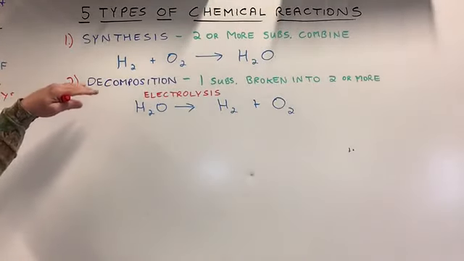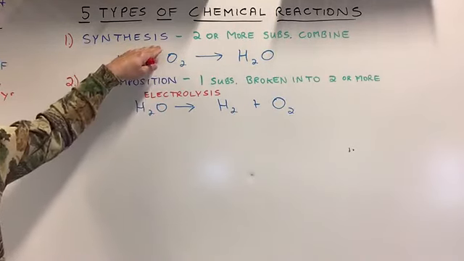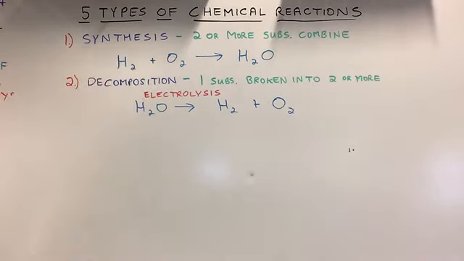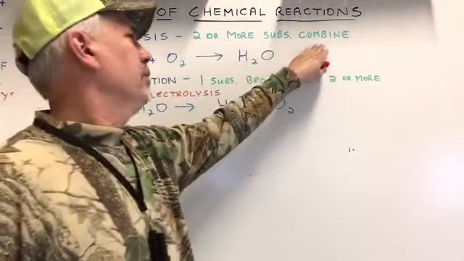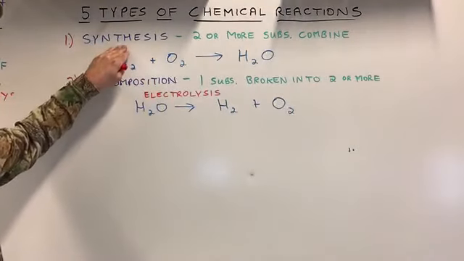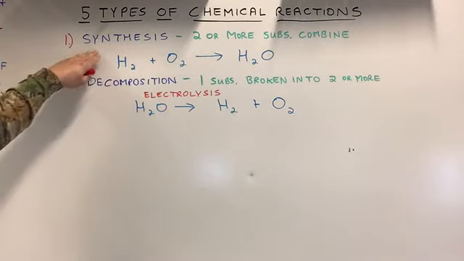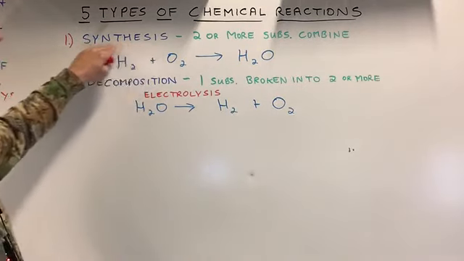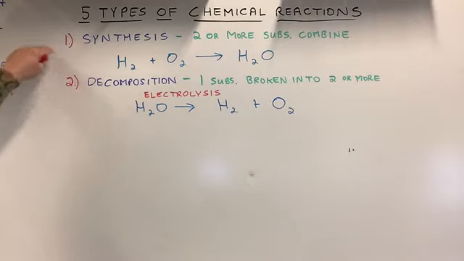Some of them you've already seen before. For instance, the first one is a synthesis reaction. And the synthesis reaction is when 2 or more substances combine to make something new. Synthesis, remember, like in photosynthesis, the last reaction, in fact, that we did was making something from light as God designed it.